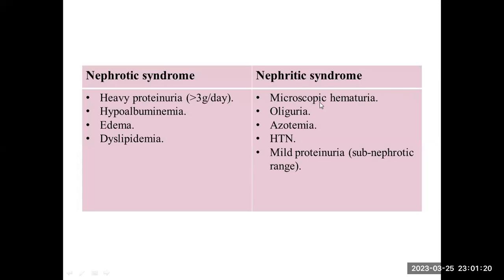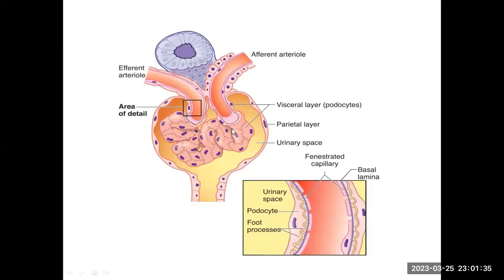Along with this microscopic hematuria, some of the red blood cells released into the urine will have an abnormal morphology. They will be called dysmorphic red blood cells. Because in order to cross from the capillary lumen to enter the filtrate, these red blood cells should pass through a disrupted and distorted glomerular filtration membrane. Then they enter the Bowman's space, and then pass into the renal tubules, where the lumen and the diameter are very narrow for the red blood cells.